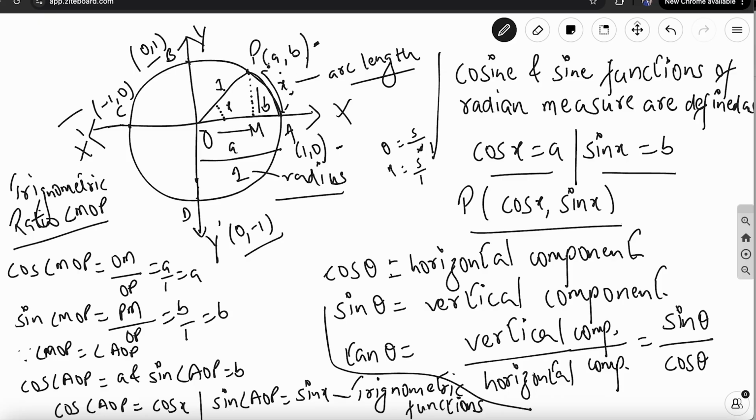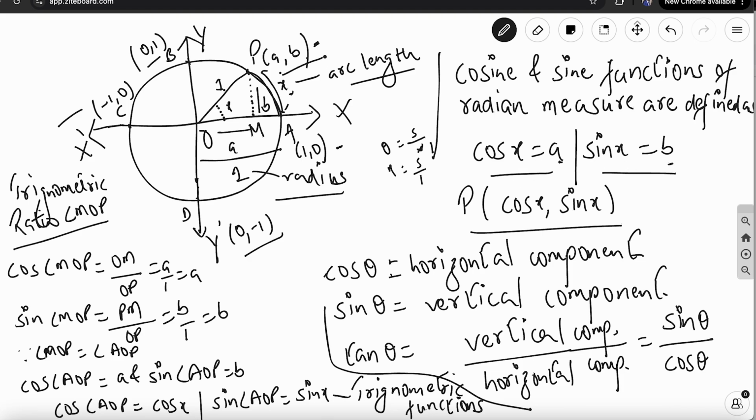Now if I have to denote this point (a, b) in terms of trigonometric functions, the cosine and sine functions of radian measure, let's say x, we know here is taken in radians. So in terms of x, the trigonometric functions cosine and sine can be represented as cos of x is a and sine of x is basically b.